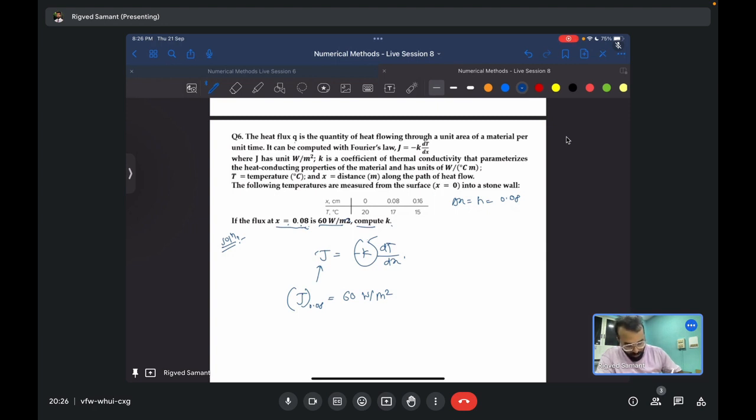So what remains? You have to find dT by dx, but not at any value. Since J is given at 0.08, you also calculate this at 0.08. So when you have these two values, using this equation you can calculate K. That is what is asked. Compute K using this equation.